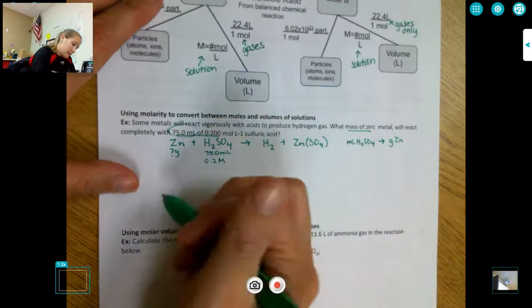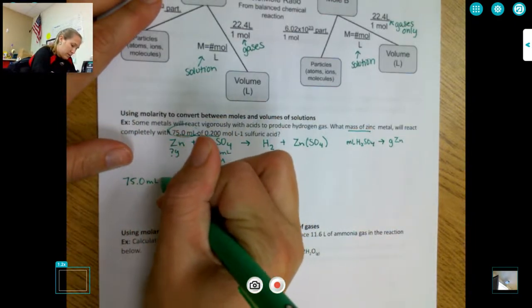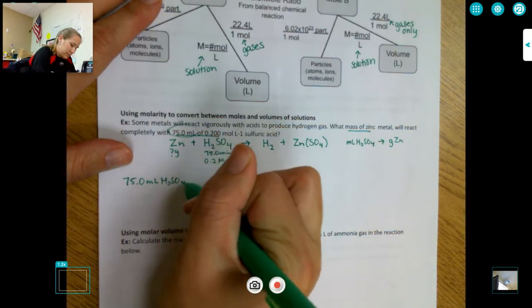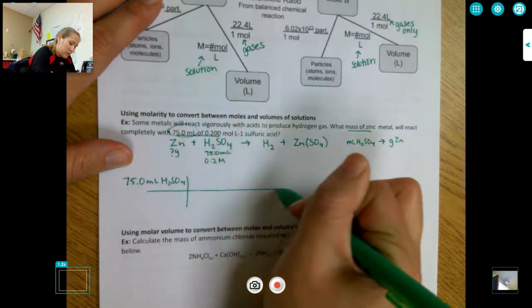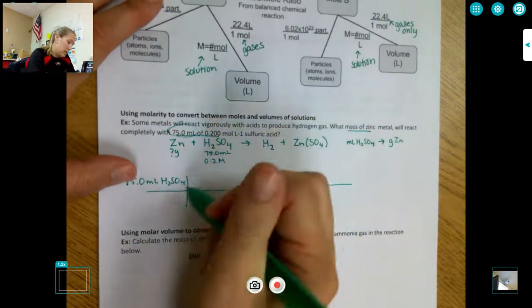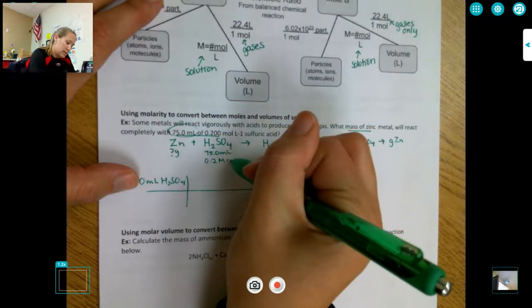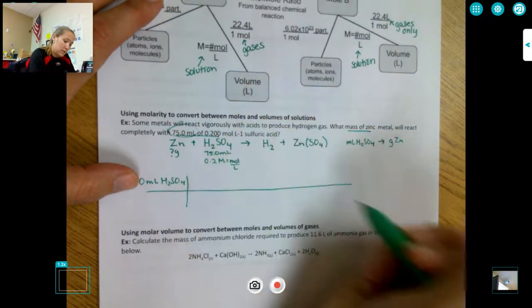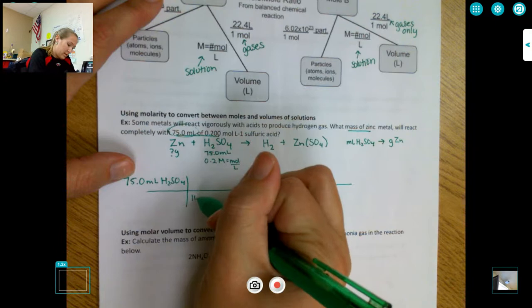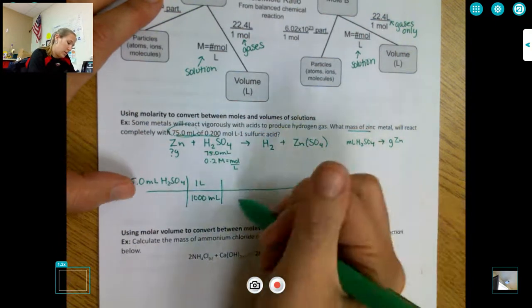So let's do that. I'm going to start with 75 milliliters sulfuric acid, and you can draw a fence or you can draw your times and your fractions. I need to get to liters because molarity is moles per liter. There's 1,000 milliliters in a liter.